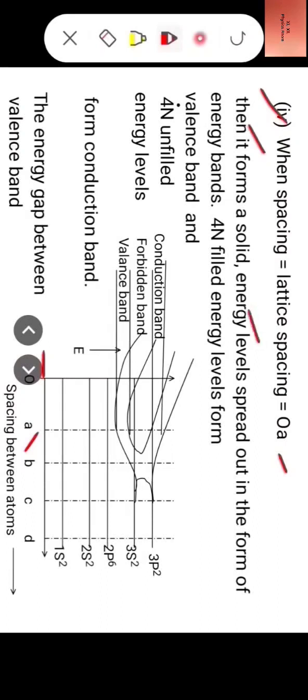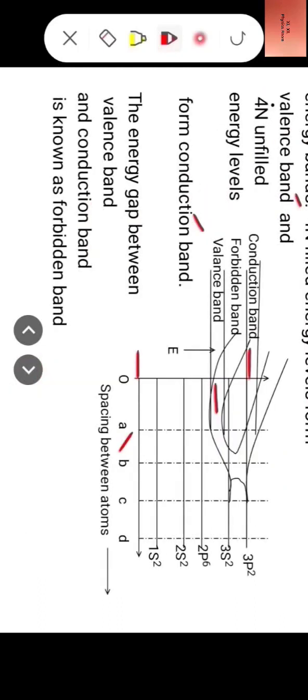Energy levels spread out in the form of energy bands. 4n filled energy levels form the valence band and 4n unfilled energy levels form the conduction band. The energy gap between the valence band and the conduction band is known as the forbidden band. This is how the formation of energy bands takes place.